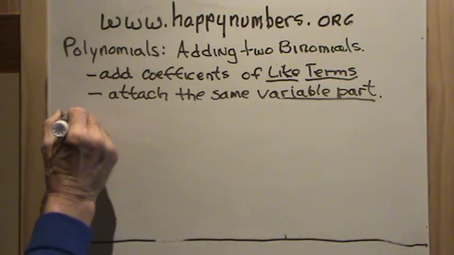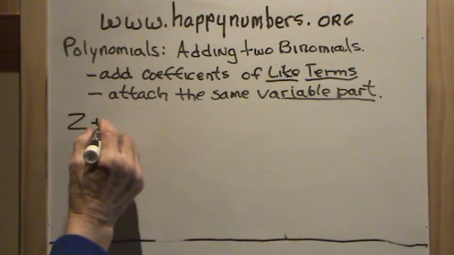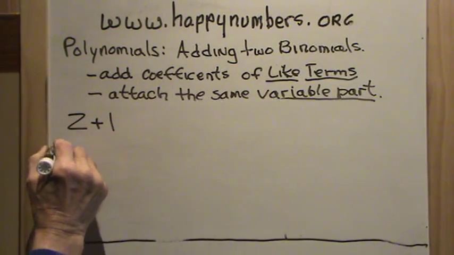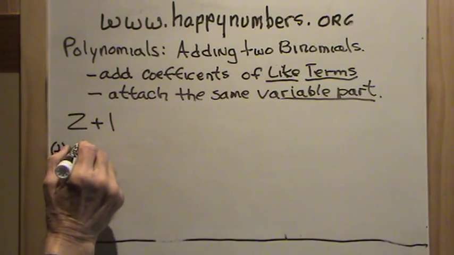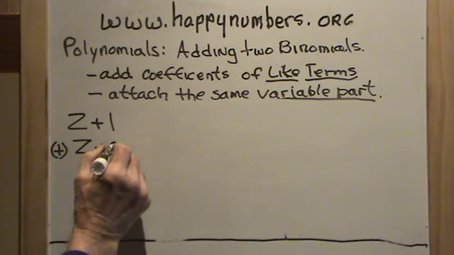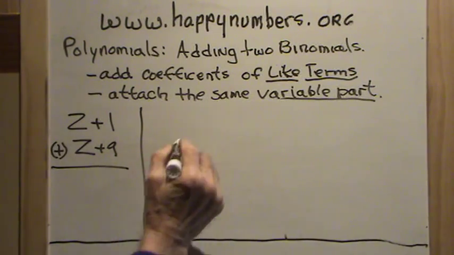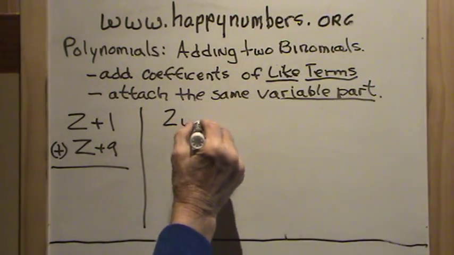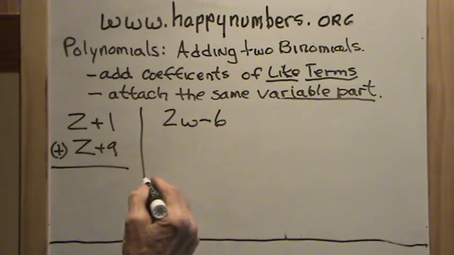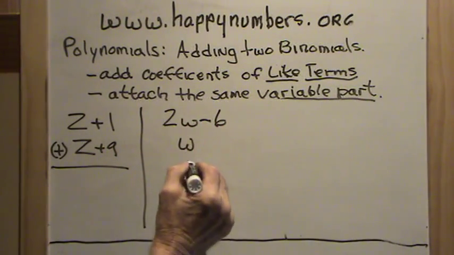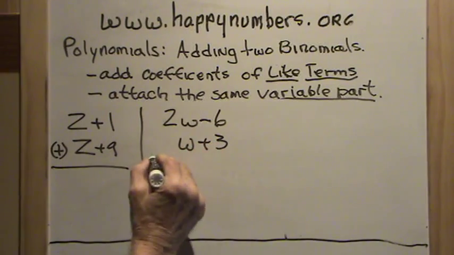Let's have z plus 1 plus z plus 9. That'll be your first problem. Next problem, 2w minus 6 and w plus 3.